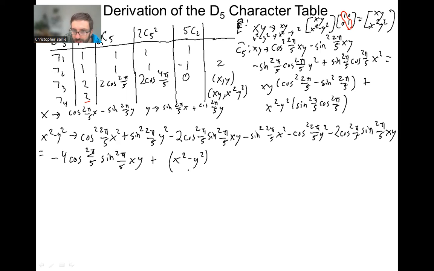That's what we're trying to do. And so we have here an x squared. But the thing is that we have to combine some terms here.